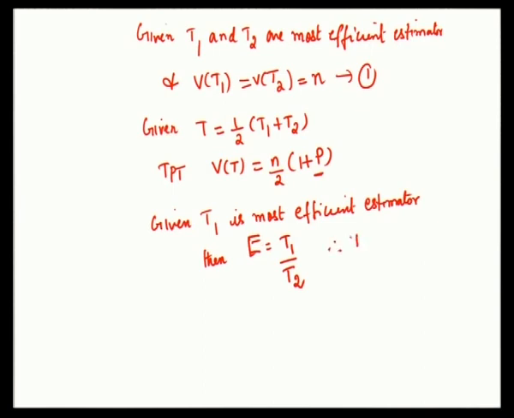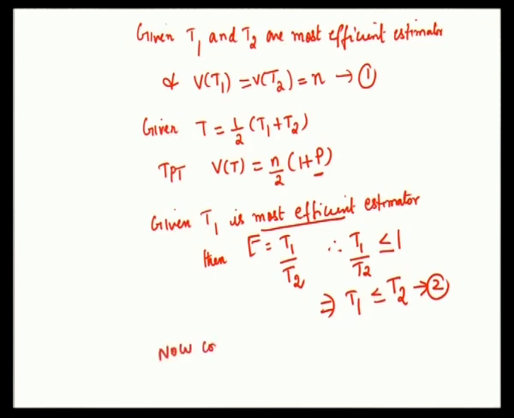Therefore, V1 by V2 is less than or equal to 1, which implies V1 is less than or equal to V2 if T1 is the most efficient estimator. You can also consider T2 instead of T1. So, for this problem, let me take T1 as the most efficient estimator. So, V1 is less than or equal to V2, which let me take as equation number 2. Similarly, if T2 is the most efficient estimator, you will get V2 is less than or equal to V1.